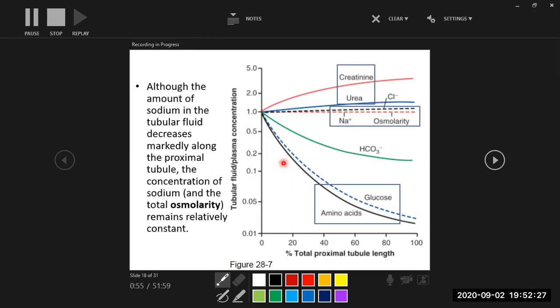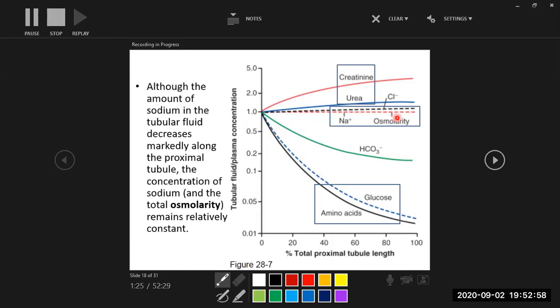And you can see that it dropped from the original, say 1, to about 0.1 by the end of the proximal convoluted tubule. Then 0.01, left about 1%, so it can be neglected here. We also see the bicarbonate reduced because this is reabsorbed about 85%, not like 100%.